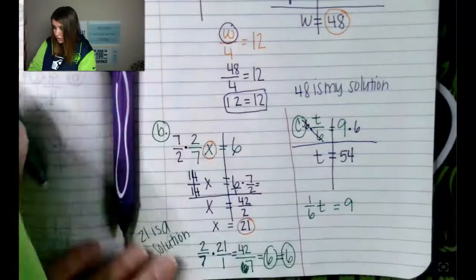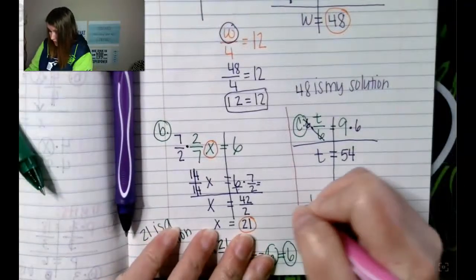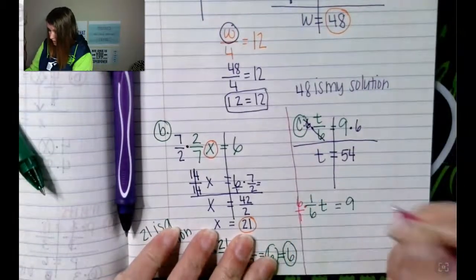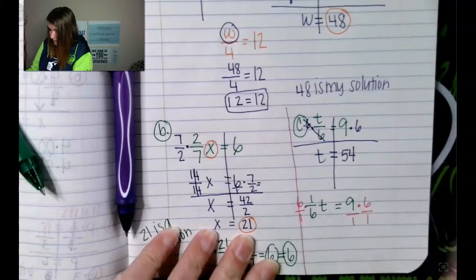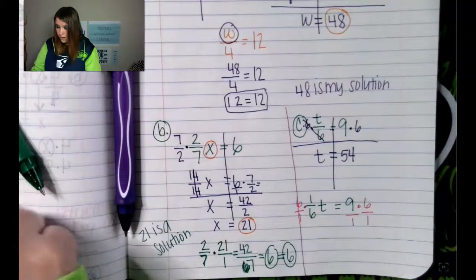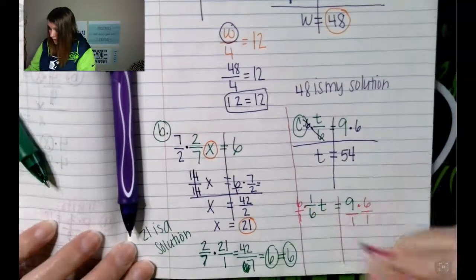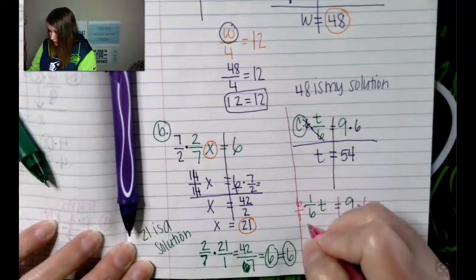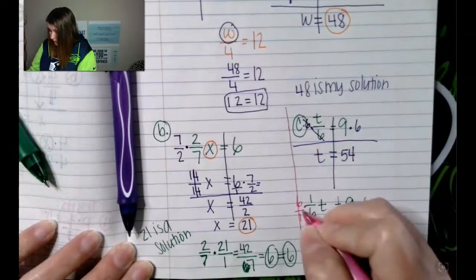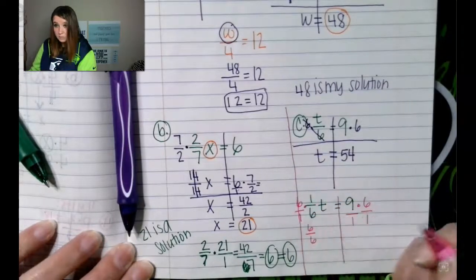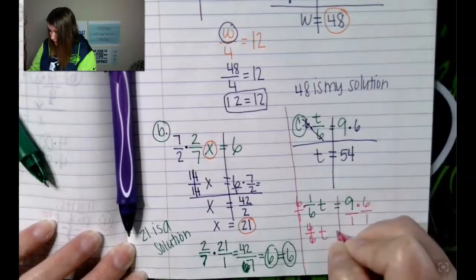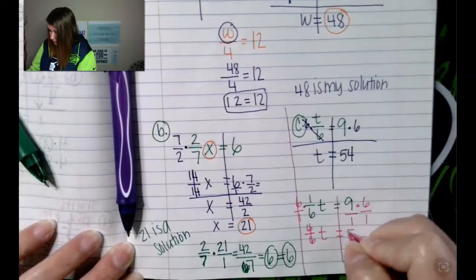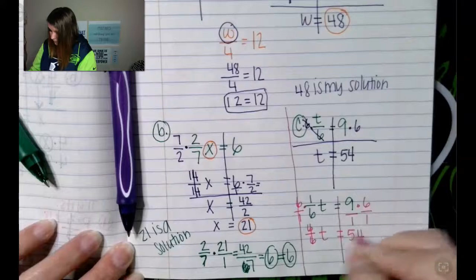And I could then multiply by 6 over 1 and multiply by 6 over 1 and make that into a whole fraction. I now have these crossed out because 6 over 6, because 6 times 1 and 6 times 1. This gives me 1 whole t, and t equals 54.